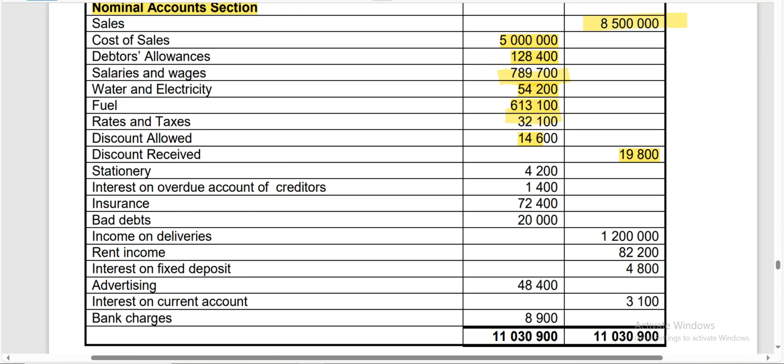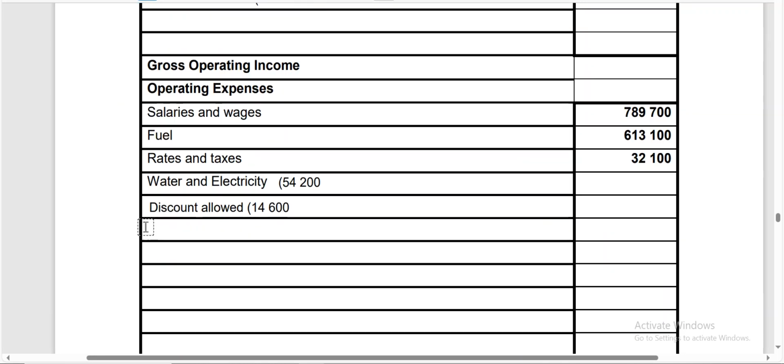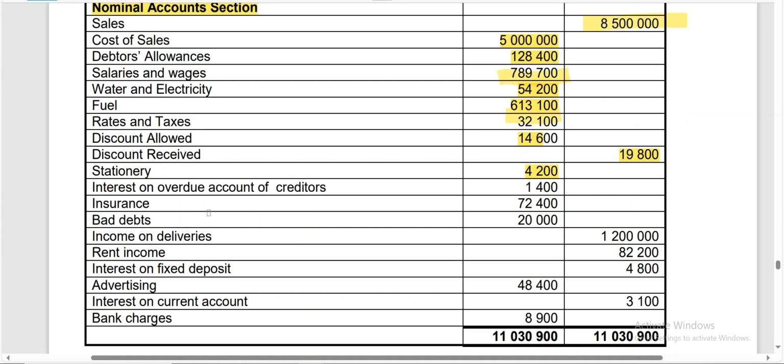And then from there, we're going to have stationery for 4,200. Remember, stationery is an expense, so we're going to have it here under operating expenses. Stationery for 4,200.